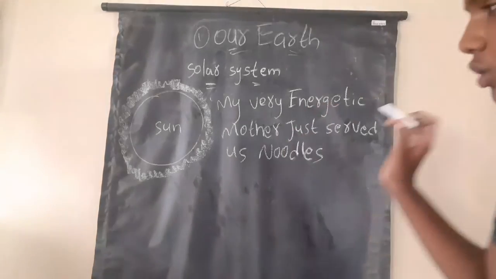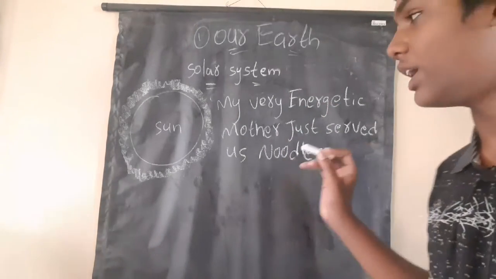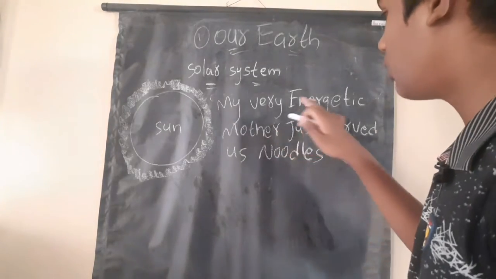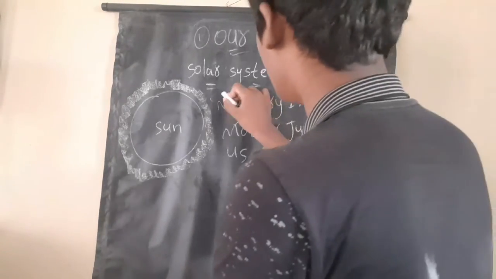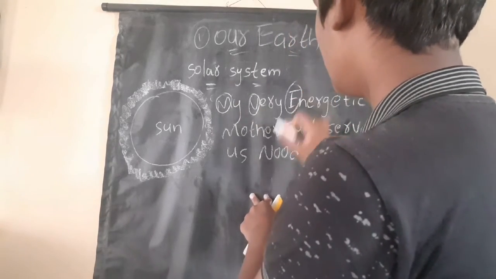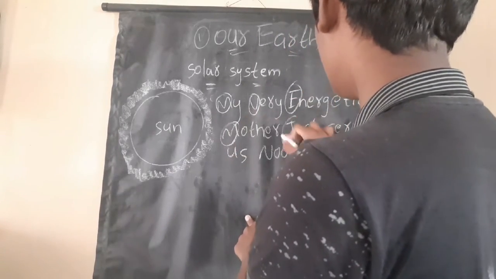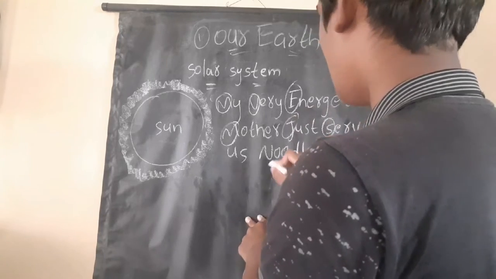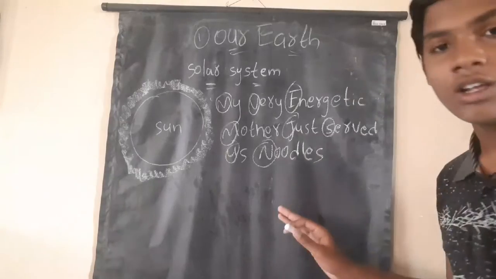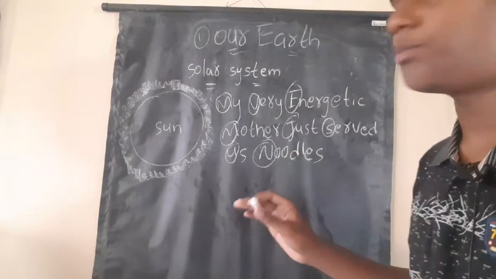The first letter of each word is the starting letter of every planet: my M, very V, energetic E, mother M, just J, served S, us U, noodles N.